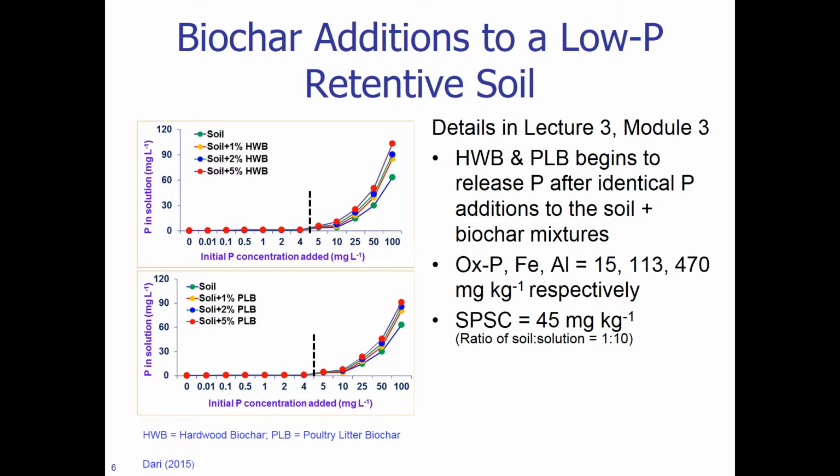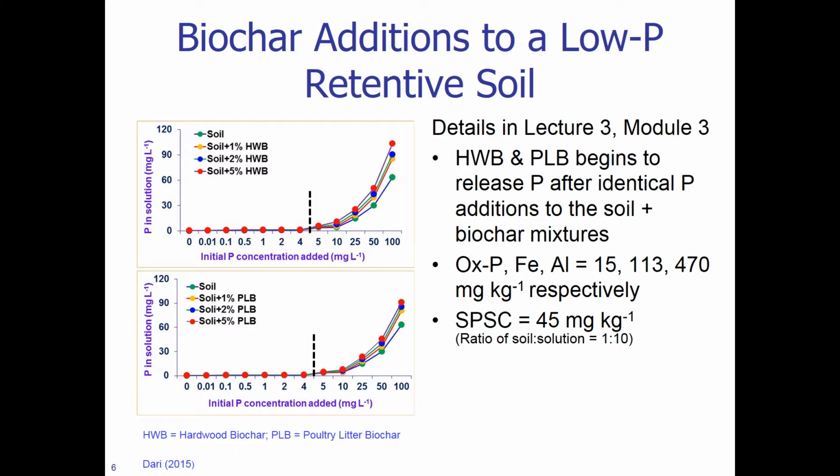What we did notice is in both cases, the hardwood biochar, which is on the top figure, and the poultry litter biochar at the bottom figure, the P release occurs after identical P additions to the soil and the soil biochar mixtures. The soil biochar mixtures were at 1%, 2%, and 5% hardwood biochar additions or poultry litter biochar additions.